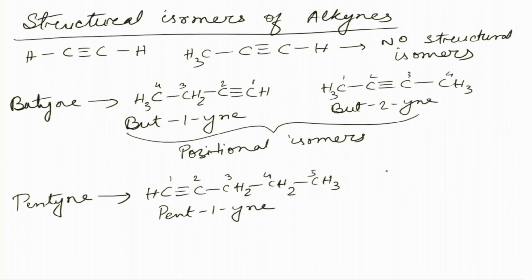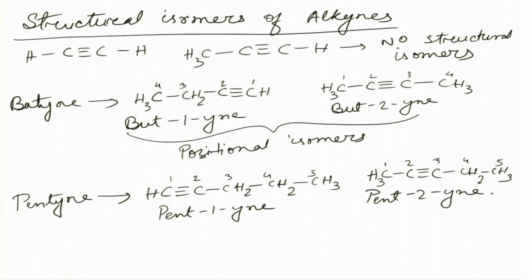The second one will be this, that is the triple bond is between carbon 2 and carbon 3. This is called pent-2-yne. Okay. And there is one third isomer as well.